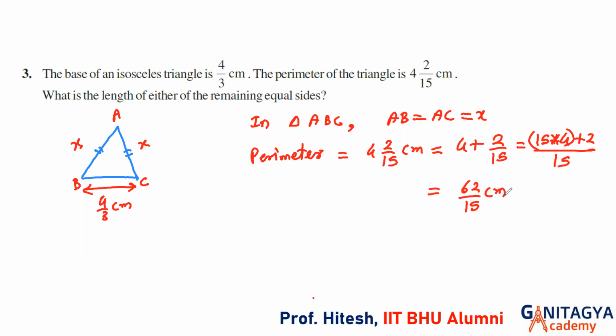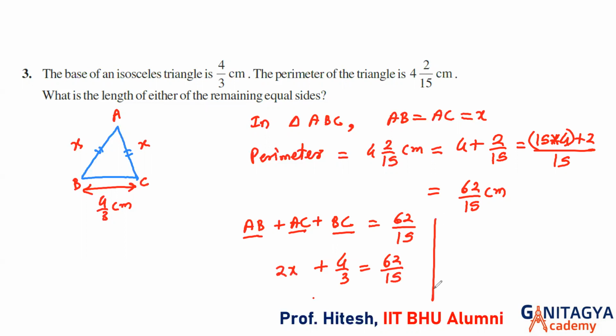So the perimeter AB plus AC plus BC is equal to 62 upon 15 centimeter. And BC is 4 by 3, so 4 by 3 plus 2x is equal to 62 upon 15.